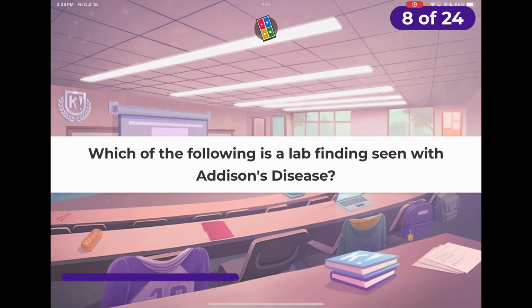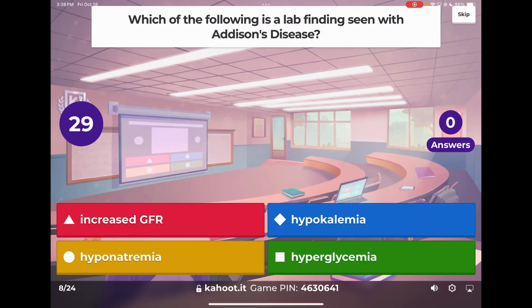Which of the following is a lab finding seen with Addison's disease? First of all, what is Addison's disease? Low cortisol, low aldosterone as well. Mainly low cortisol. So we know we don't have cortisol. Which one of those answers matches up with a lack of cortisol?